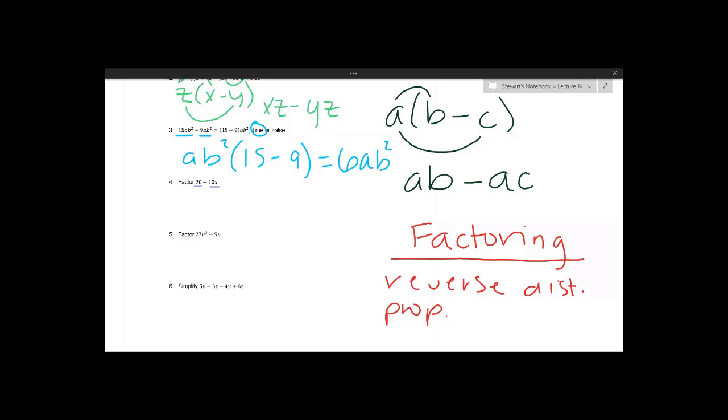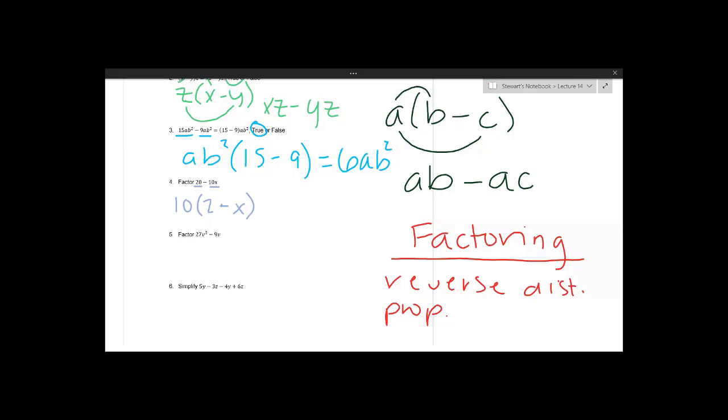So we can divide both of these terms by 10 and note that out here, because we're reversing the division back in, or we're noting that we divided the 10 out, and saying that if you wanted the same expression back, you'd have to multiply it back in. And then 20 divided by 10 is 2, and 10 divided by 10 is 1, and the x is just left over.